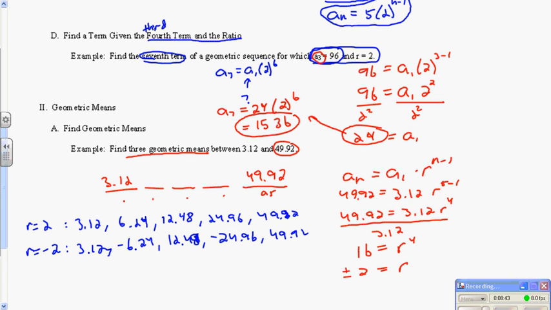So it still works out, but we have alternating signs in our sequence. So we use this formula quite a bit. This ends lesson 11.3.